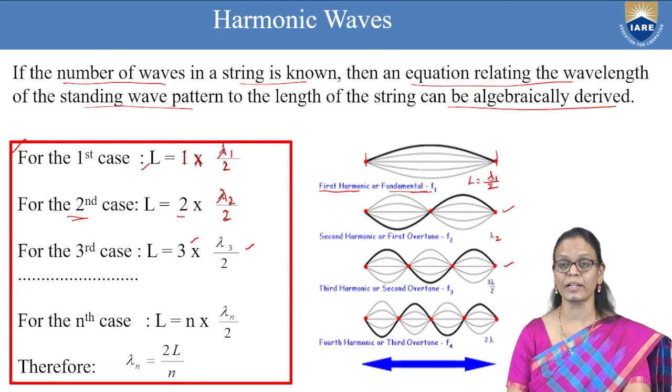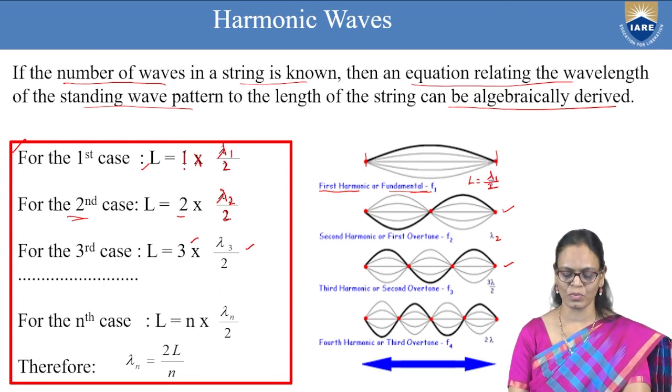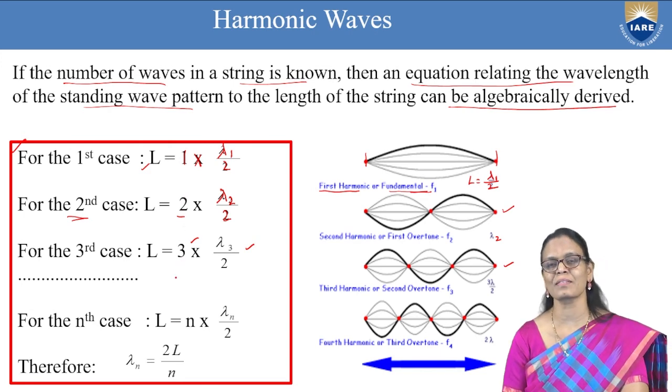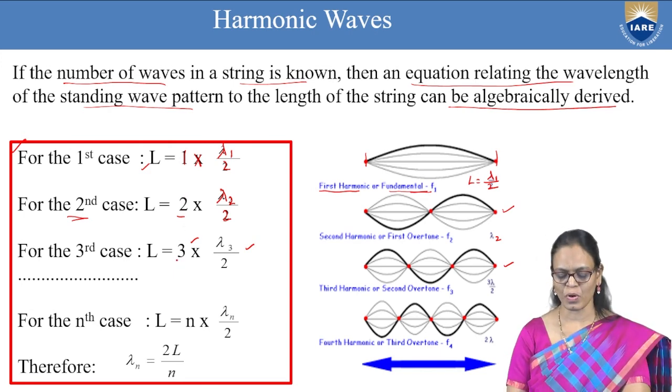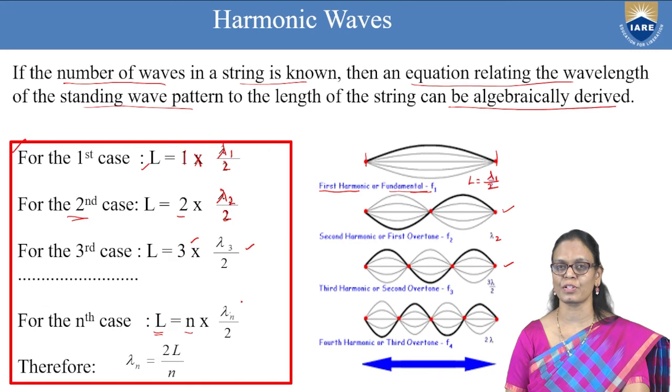And so on we can continue. As the number of loops increases, the value of n increases. So I can generalize it and write capital L equal to n into lambda n by 2. So if there are 10 loops, it will be 10 into lambda 10 by 2. So this will be the general expression.